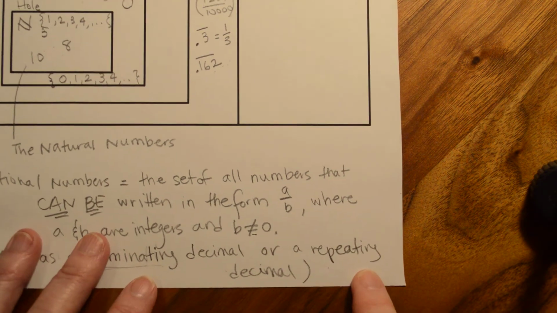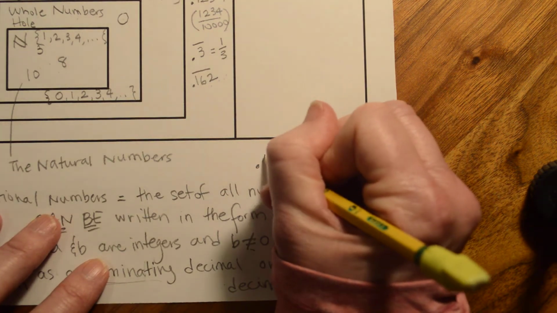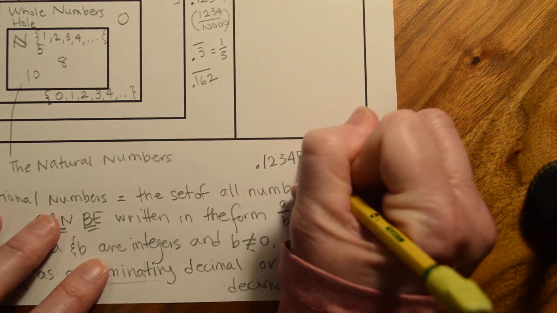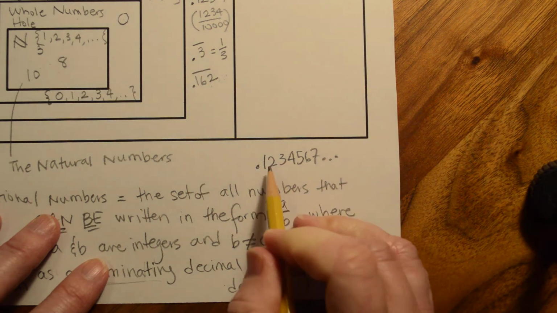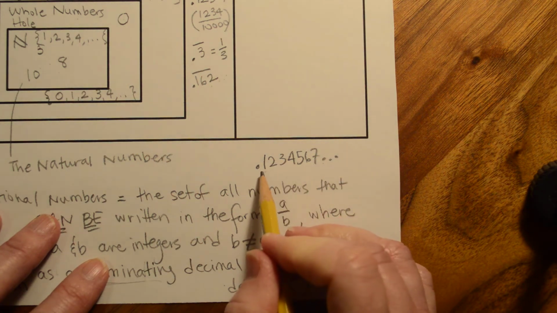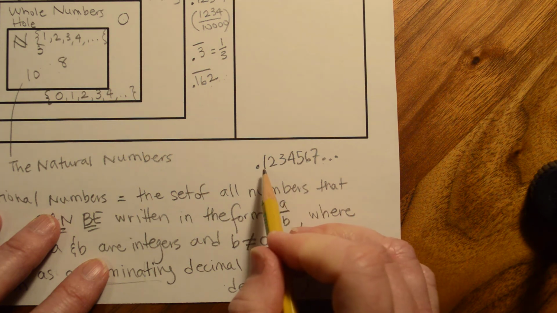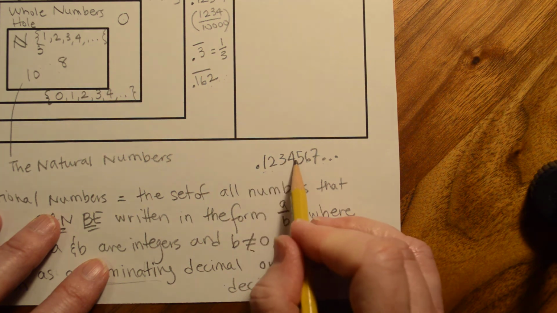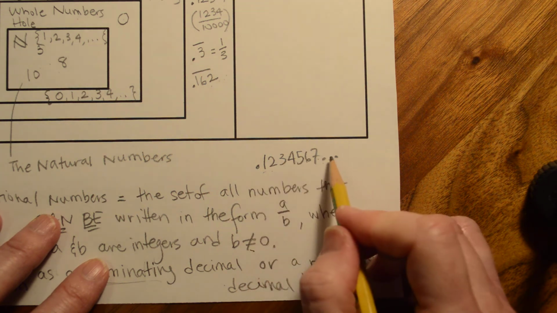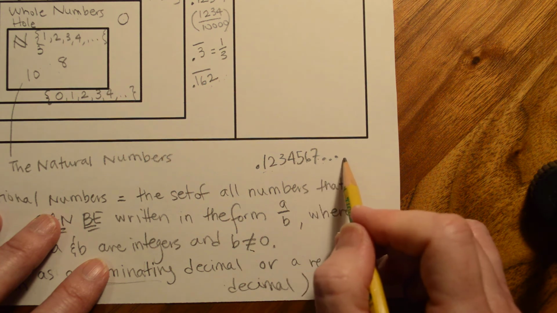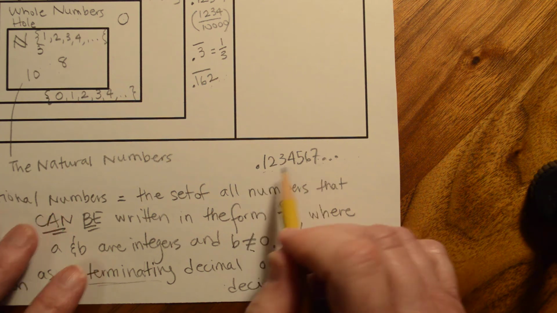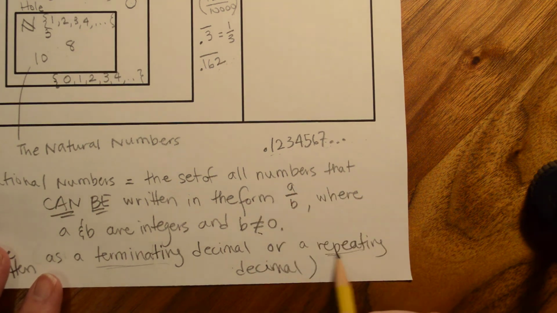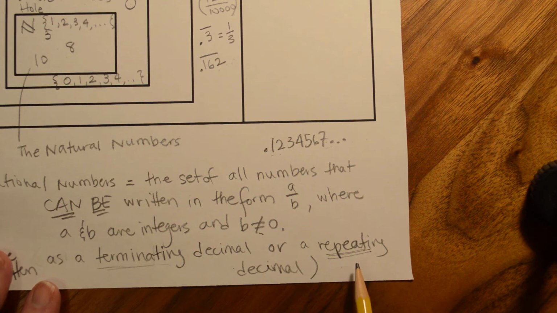Now, I want to clarify this right here. If we were to write 0.1234567..., that is not a repeating decimal. It has a nice pattern to it, but the pattern is not repeating. It's going 1, 2, 3, 4, 5, 6, 7. The next one would be 8, then 9, then 10, then 11. So we're not talking about something that just has a nice pattern to it. It has to have a pattern that repeats over and over, forever and ever.